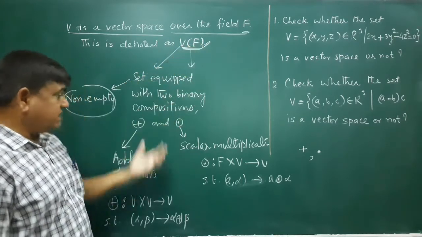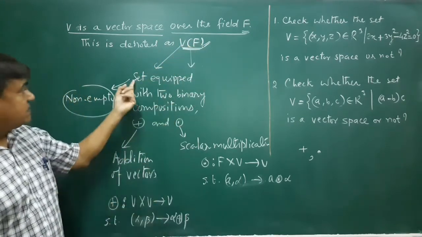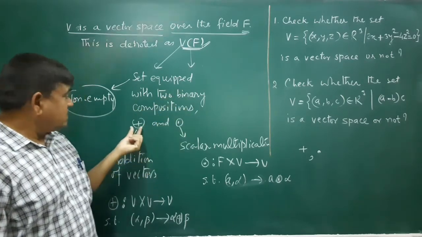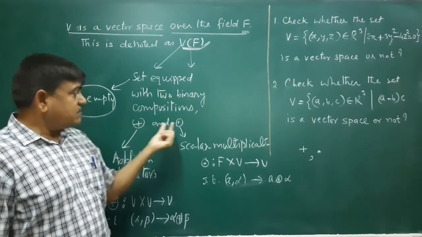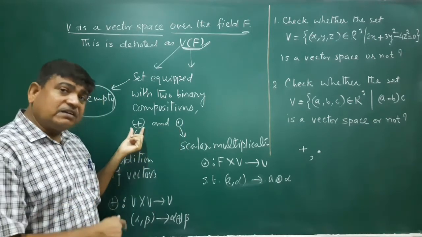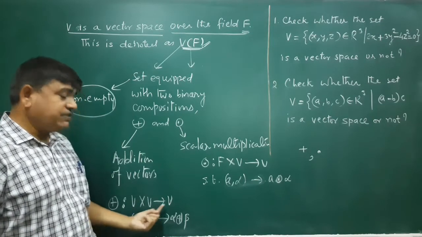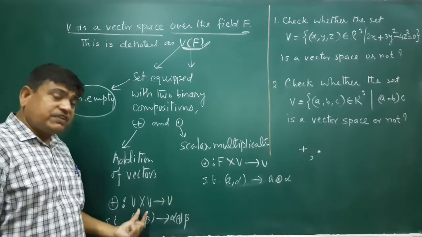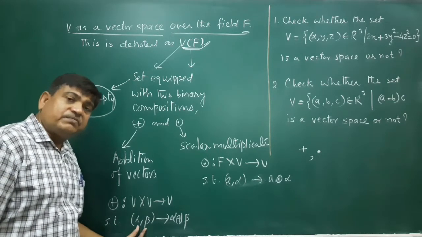Okay, so V is a vector space over the field F. It means we have these things. Set equipped with two binary compositions. One composition is this, other composition is this one. This is internal composition, means V cross V to V, this is addition. So elements of V cross V will be in the form of a pair.